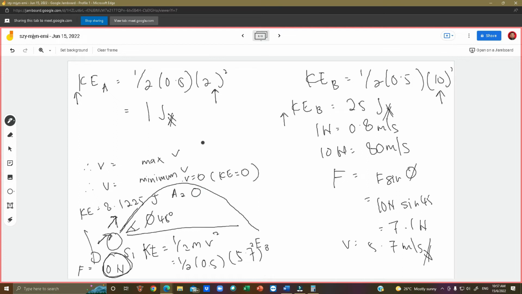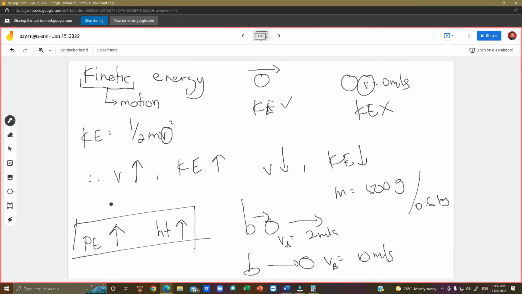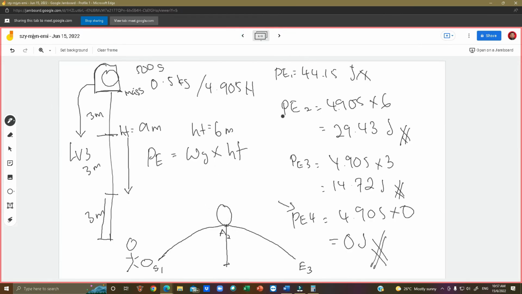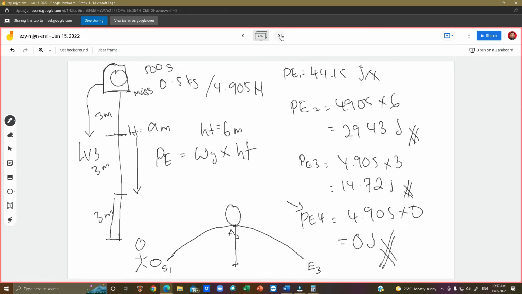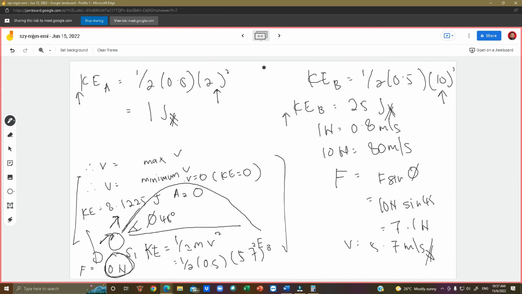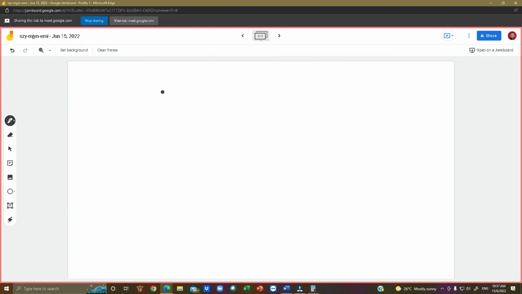Okay. Now, we have two different properties. Kinetic energy, and before this we learn about potential energy. Yeah, potential energy. And we know that when an object is at height, you have potential energy. When an object is in motion, you have kinetic energy. So, in order for us to explain about energy, okay, energy ni, it is actually total energy.